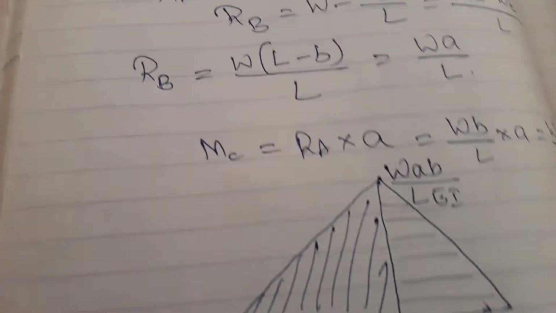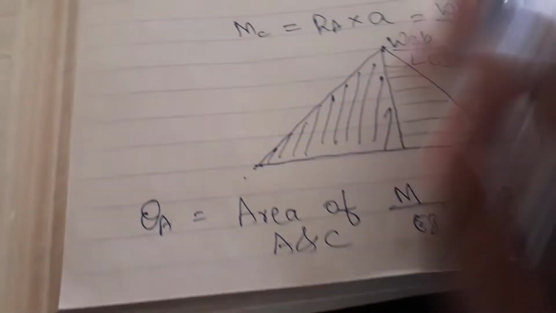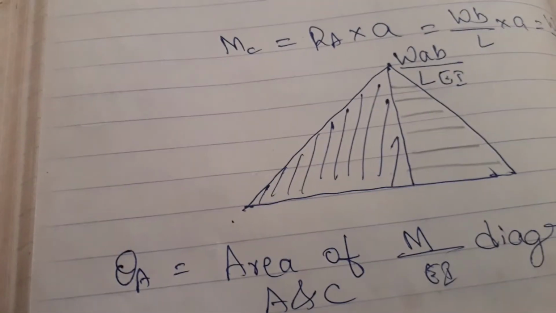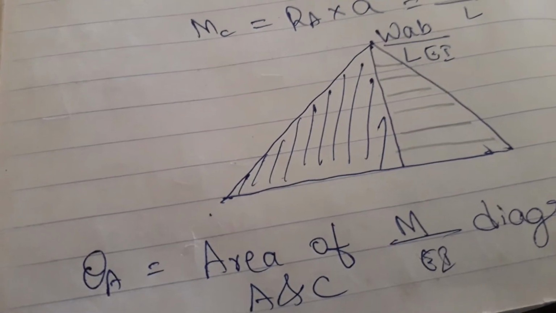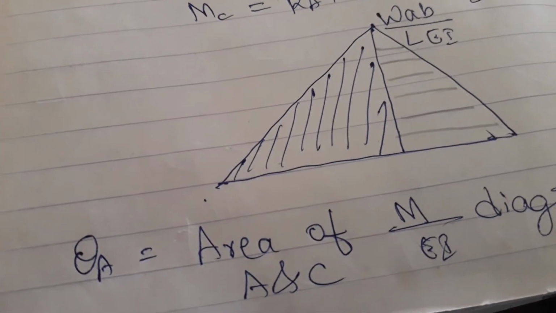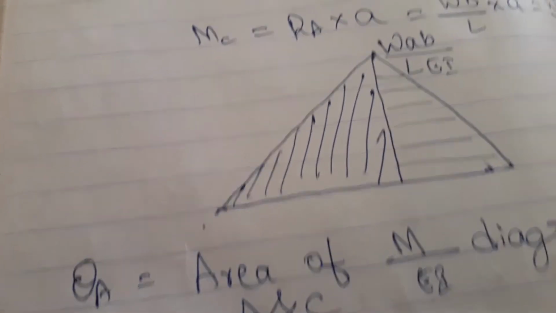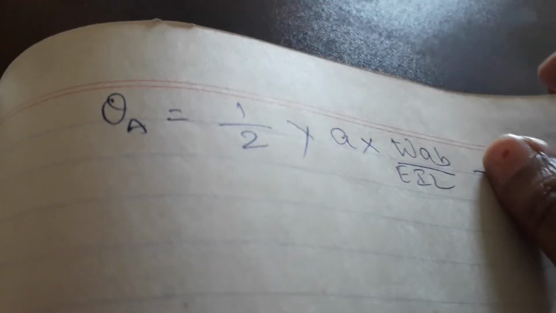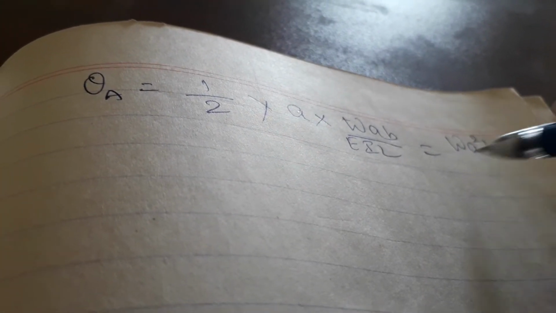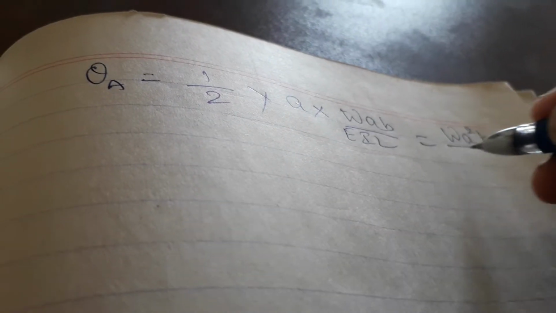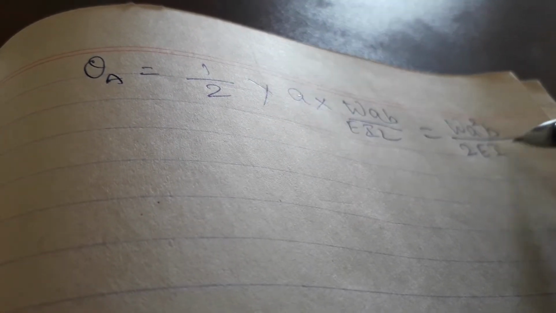So theta A is equal to, this is a triangle, half into base A into height WAB by L EI, which is equal to W A square B divided by 2EIL.